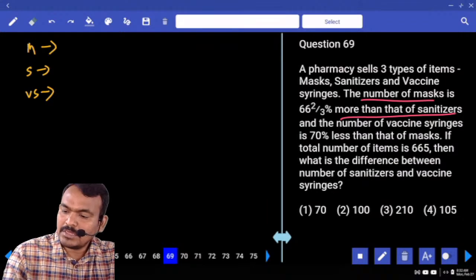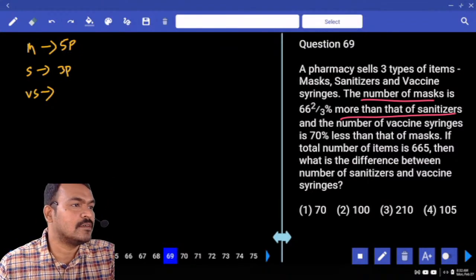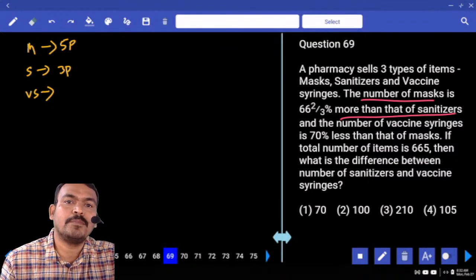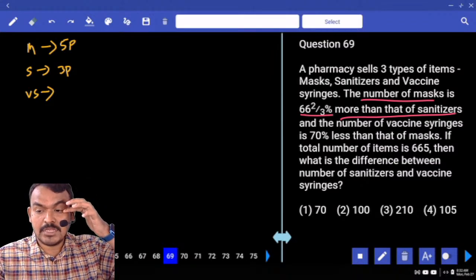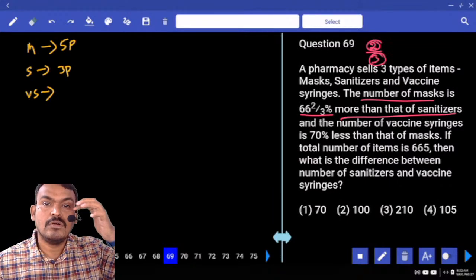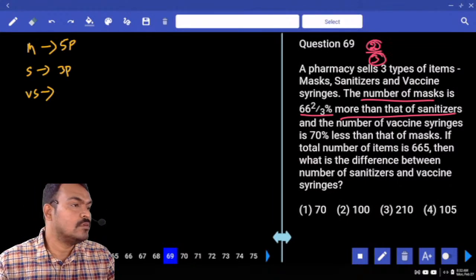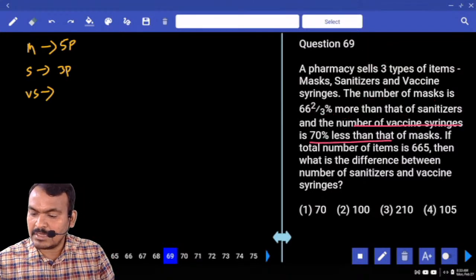Sanitizers are 3 parts, masks are 5 parts, because 3 plus 2 is 5 parts. Out of 3 parts, 2 parts more.